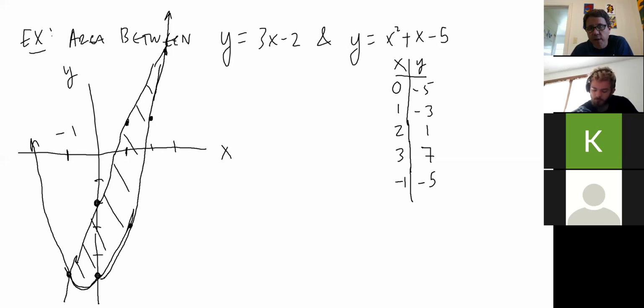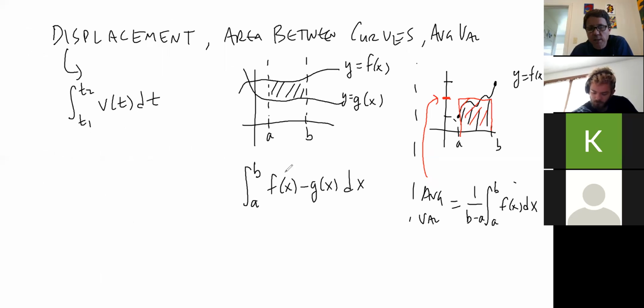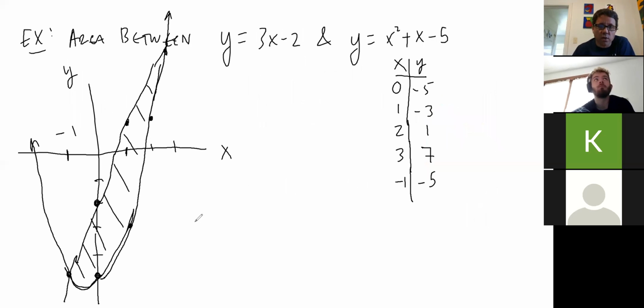We can see that the area between the curves is given by this formula, where I take the curve that's the top one, and I subtract the bottom one off, and then I do this definite integral. So we can try that here. The area will be the definite integral from, and I know now that they hit at -1 and 3.